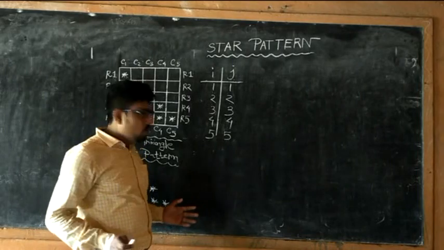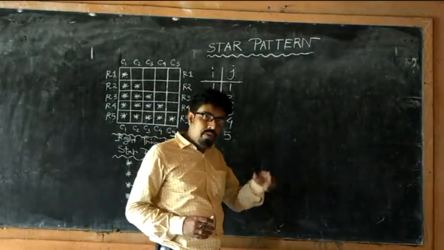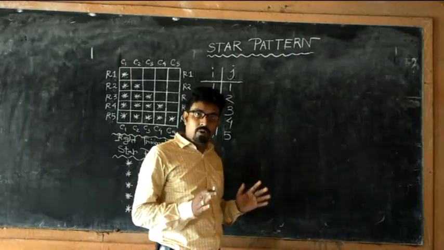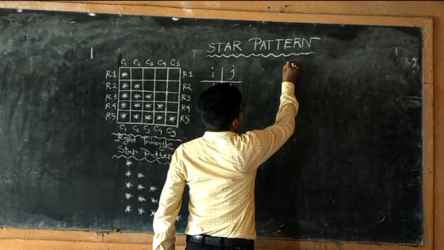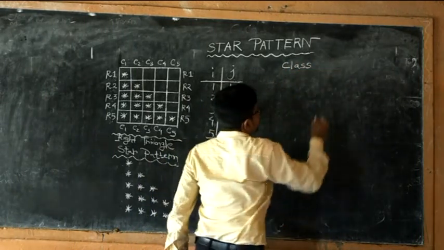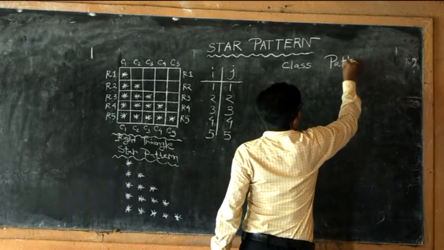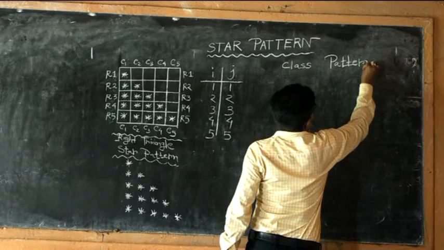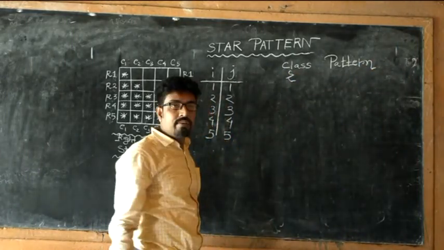Nice, clear? Okay. Now everyone start and look at my program, how I am going to represent this right triangle Java programming code to you. First, I declare a class, class space, and I give the class name as Pattern. Second bracket, okay.